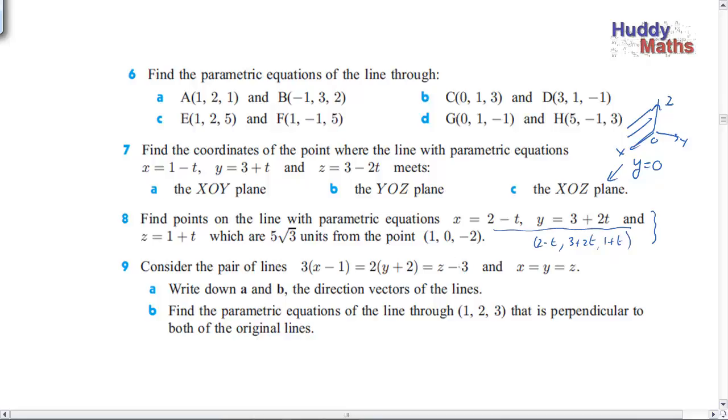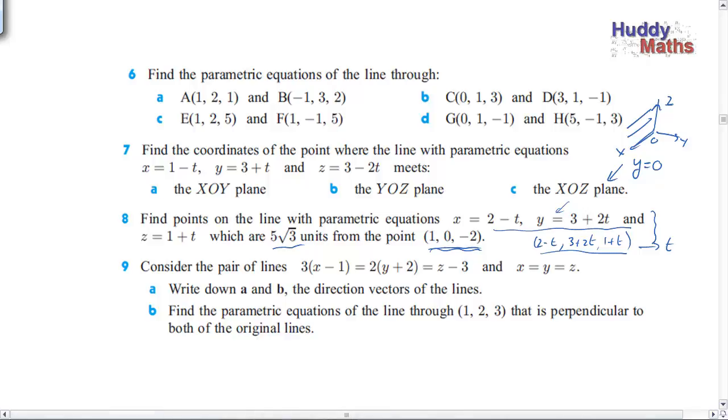Work between that point and this one to get that distance, and that'll give you the t value. You get that idea now. There could be a couple of answers to that one, a couple of different spots on the line that are 5 root 3 units from this point.